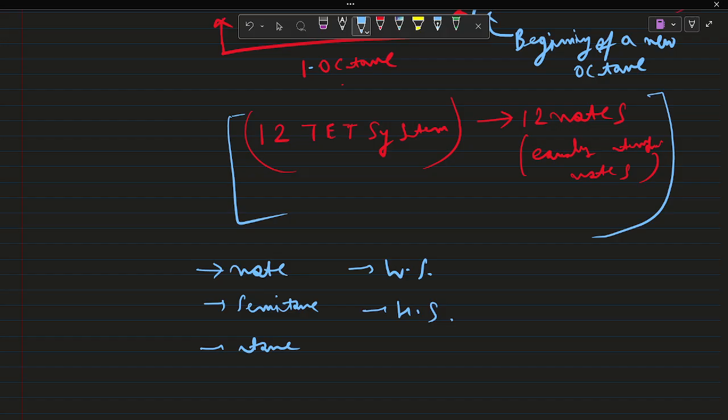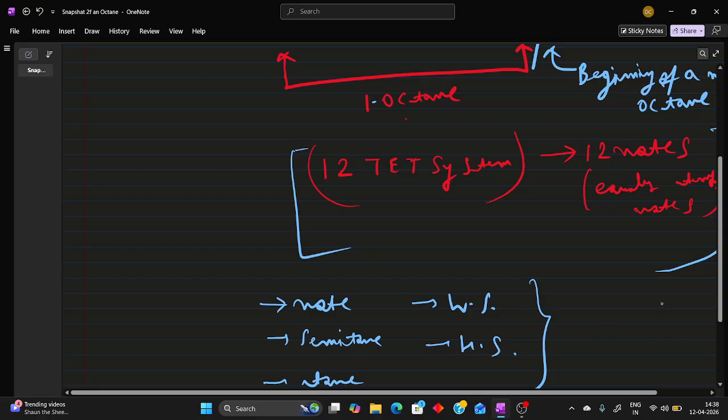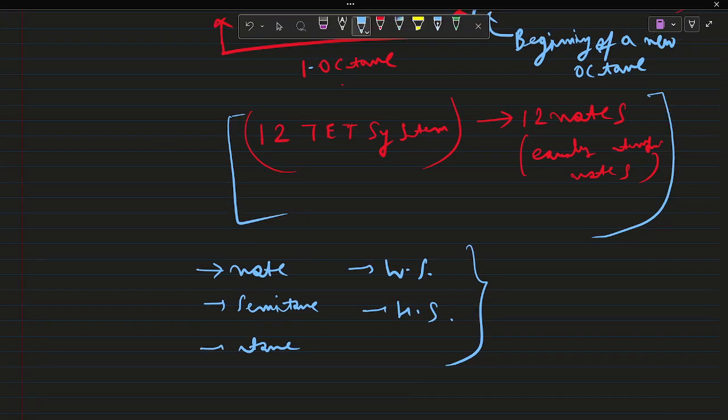Okay. I see that there exists a lot of misconception regarding these terms.